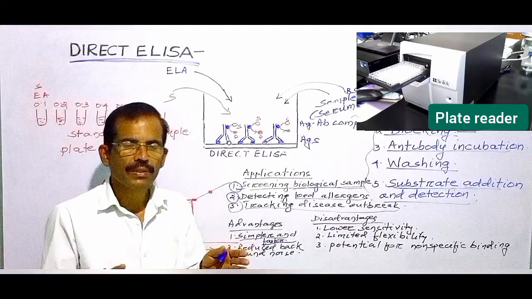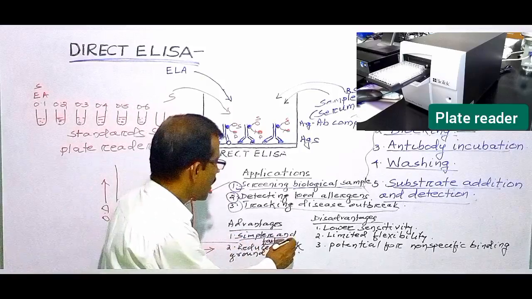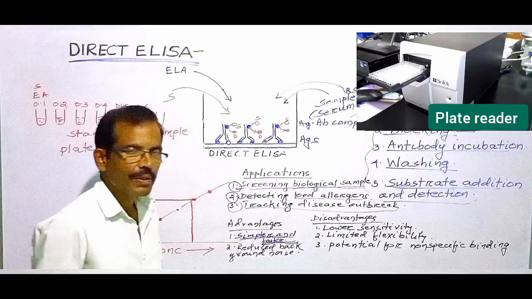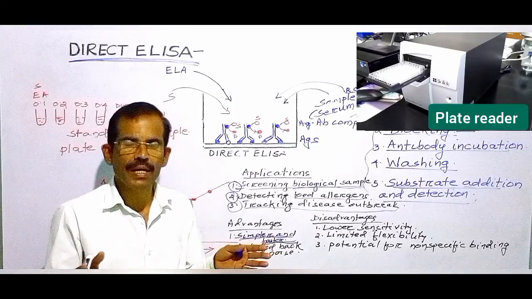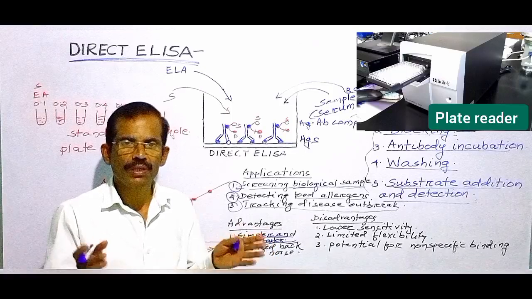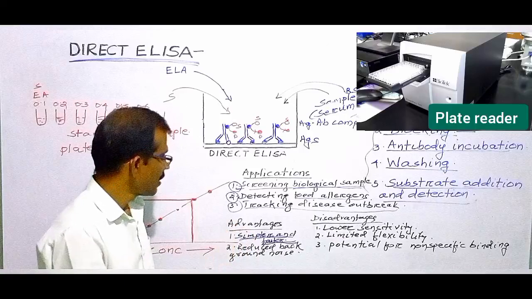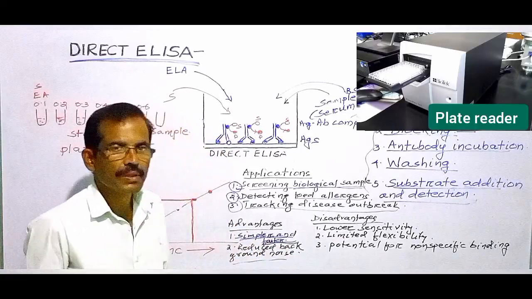It has several advantages. Number one, direct ELISA is simpler and faster. This is because it has fewer steps and it requires only one enzyme for detection. In addition, in this technique, the background noise is also reduced.